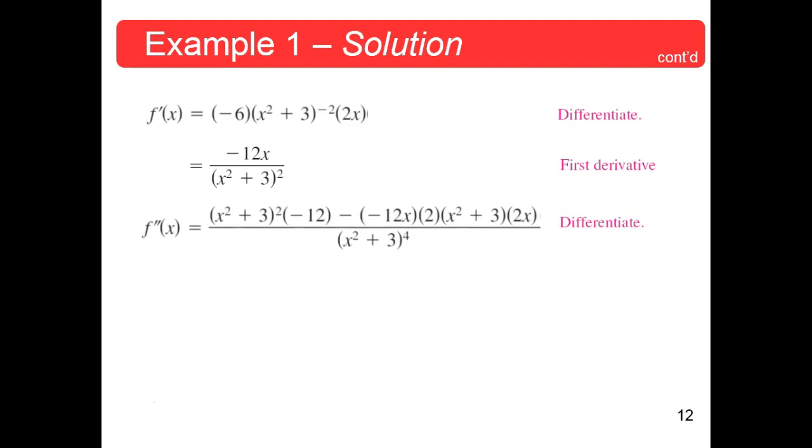And they use the quotient rule, which is a little messy, but it's true. It's low, that's the denominator, x squared plus 3 squared, d high, which is your minus 12, minus, remember that's a minus, high minus 12x, d low, and the derivative of the denominator is 2 times x squared plus 3 times 2x.